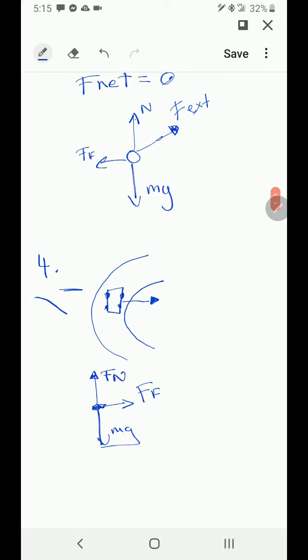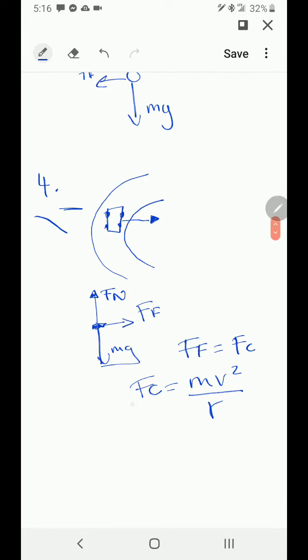The centripetal force, Fc, is equal to mv squared over r. So the statement that is true about this motion is that the frictional force of the road on the car increases when the car's speed increases.